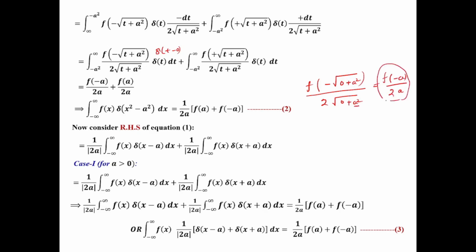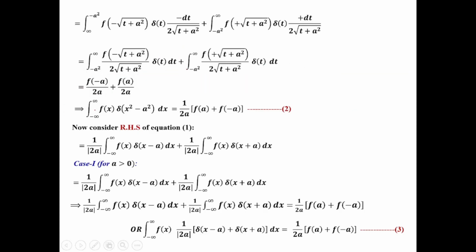This much value we can find, whatever I have written here by using the fourth property. Here I have not written it; at the time of uploading this note I will write by using the fourth property. By using the fourth property, we can get this one from this integral. Likewise, from this integral, we can get this value f of a by 2a, right.